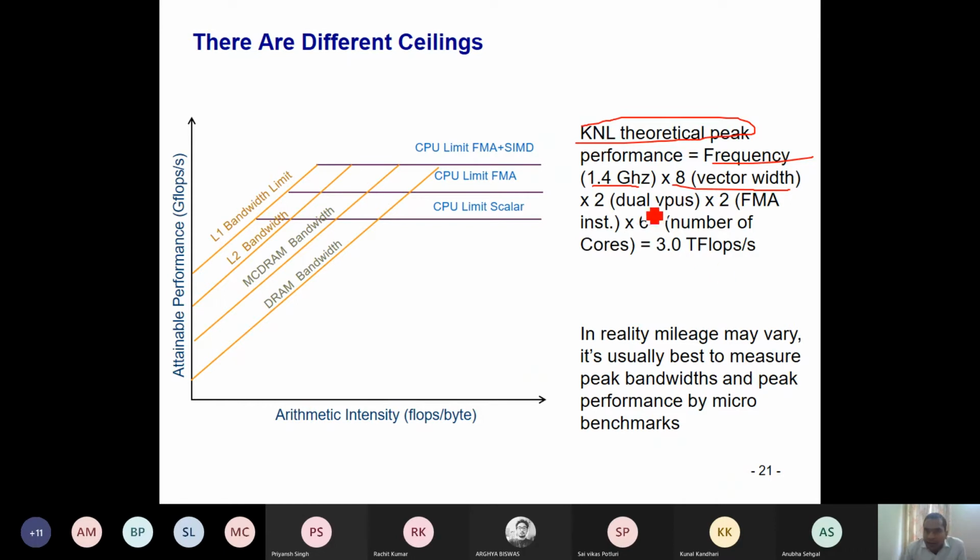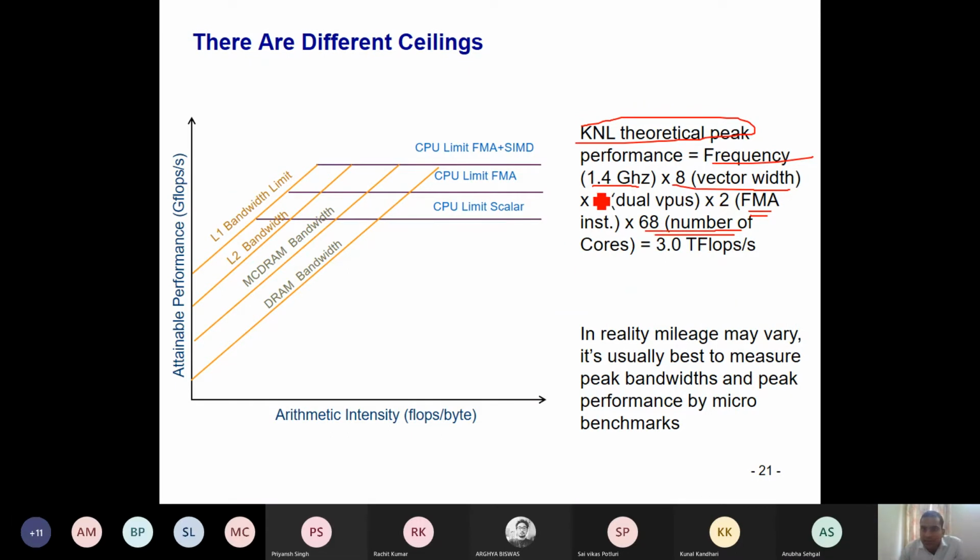It has 68 cores, and in each cycle it can do one FMA instruction, each core. Actually, I think every core has two VPUs. I will confirm. The whole point is you first find out how many resources it has.